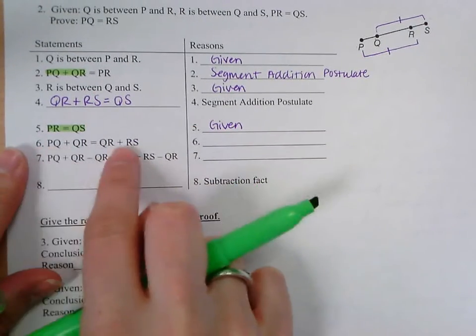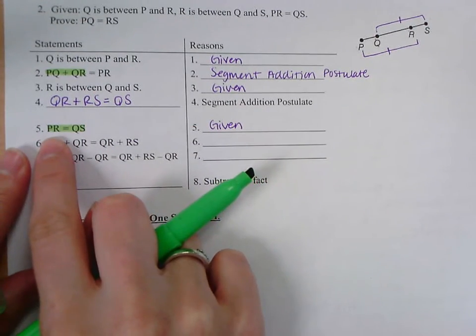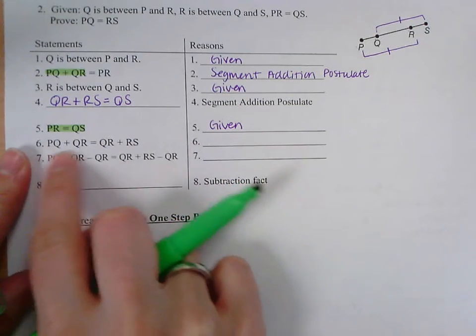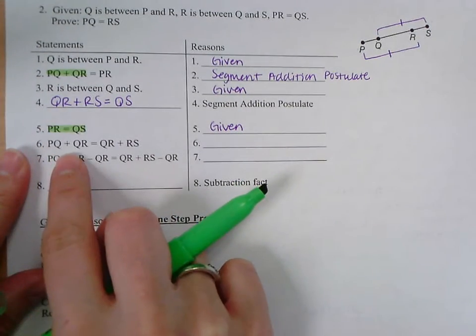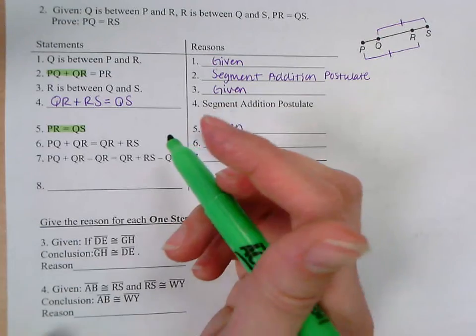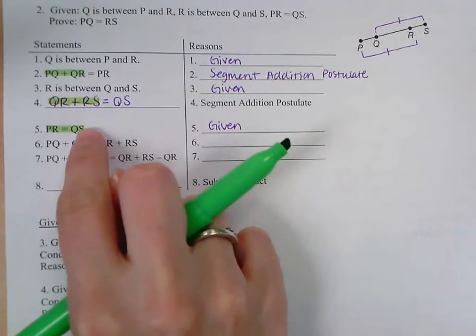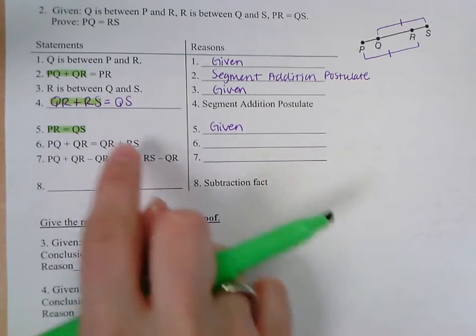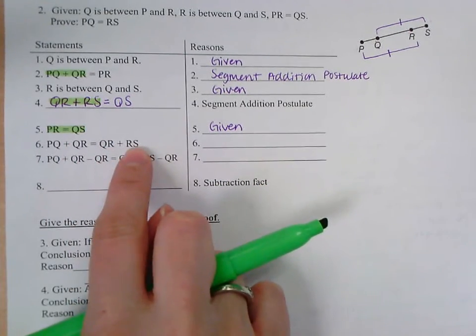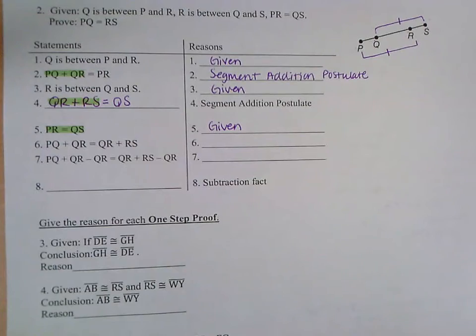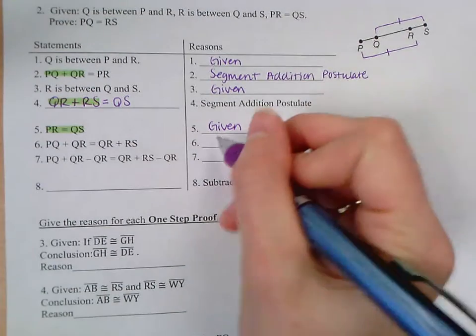Notice in line 6, rather than having PR on the left side, they put PQ and QR. That's from line 2. And then in line 4, they said QR plus RS was equal to QS. So in place of QS, they put QR plus RS. So they substituted for line 6.